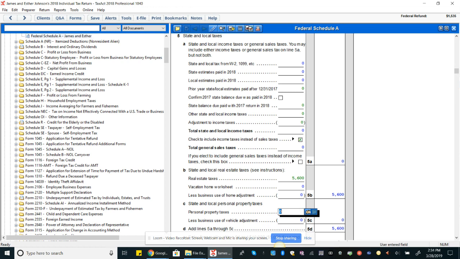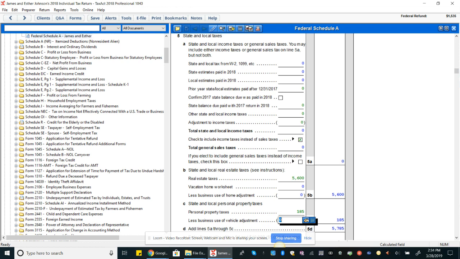So remember, for your vehicle registration fees, it's only the portion that is based on the value of a vehicle because taxes are a percentage of value. Any other part of the vehicle registration fee is considered a fee and not a tax.